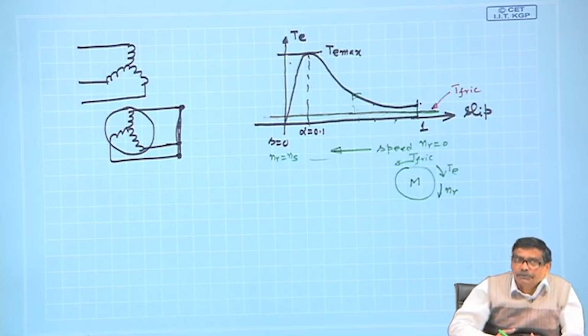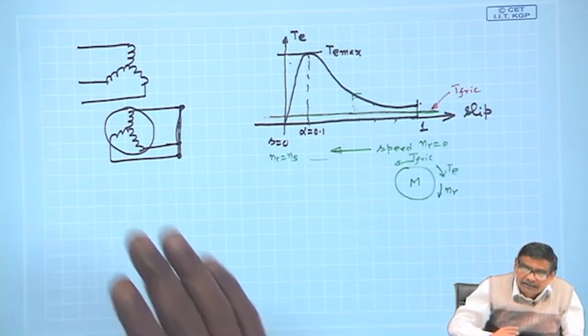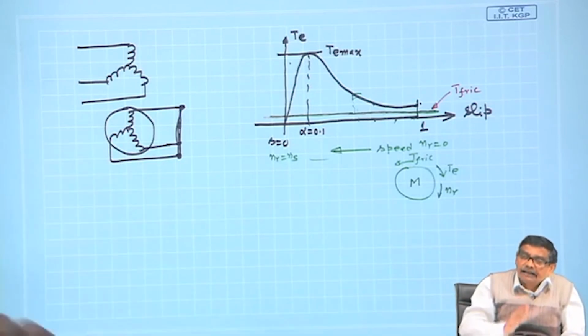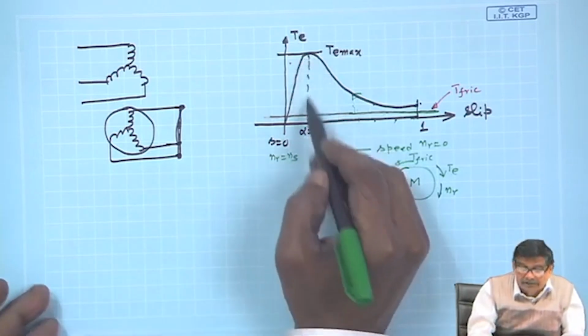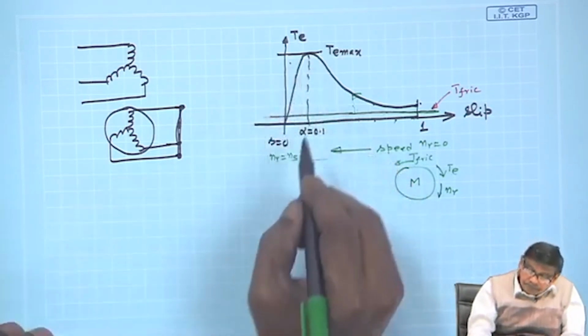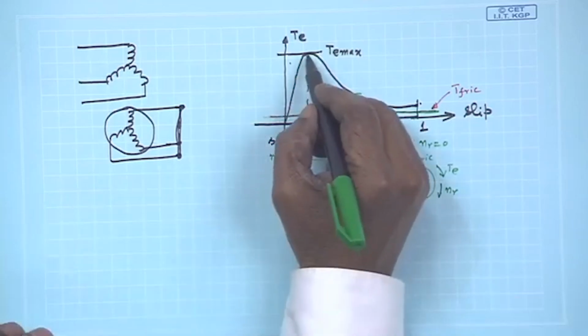In fact, if you do some experiments on induction motor on no load, and you have switched on the supply, you will find okay, machine is accelerating, then suddenly it is accelerating very fast. Perhaps it is crossing this zone at that time.